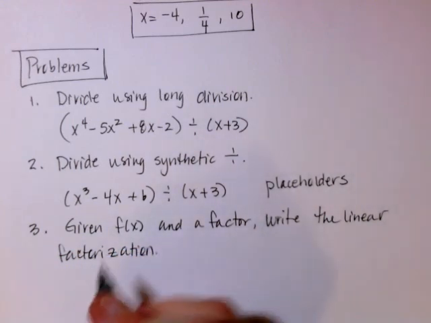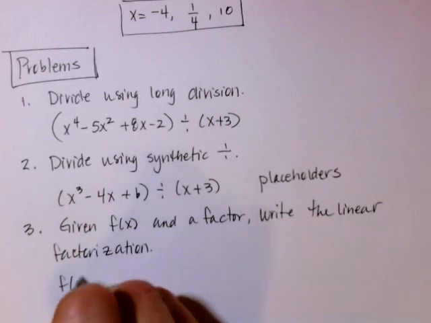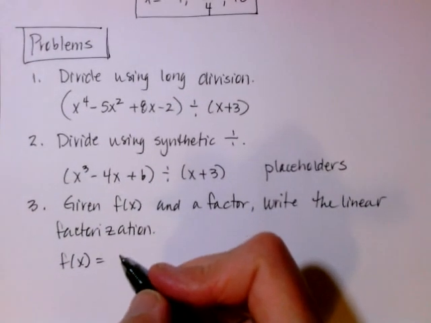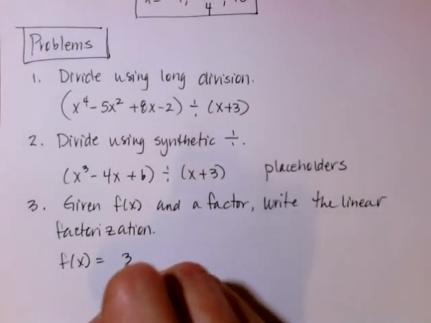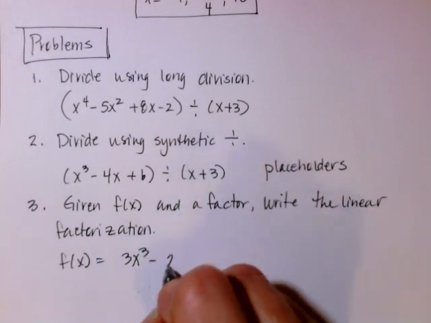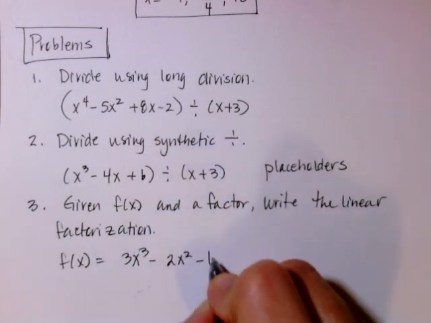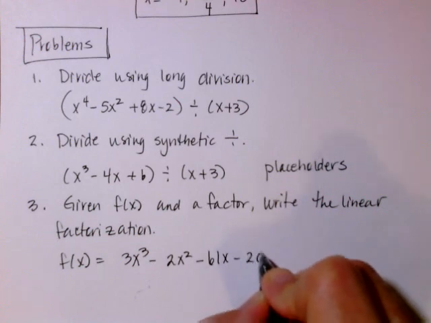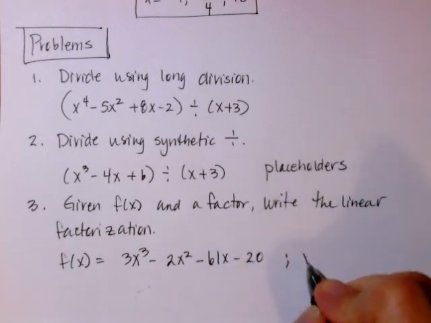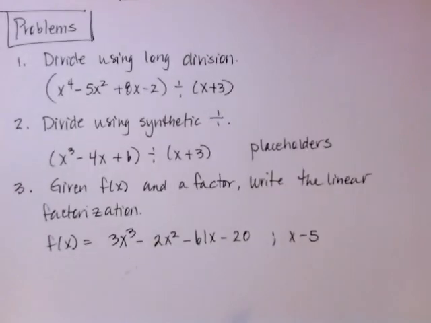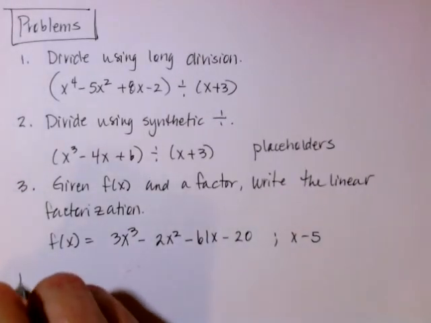You're going to be given f of x is equal to 3x to the 3rd minus 2x squared minus 61x minus 20, and your factor is x minus 5. And then one more problem, number 4.